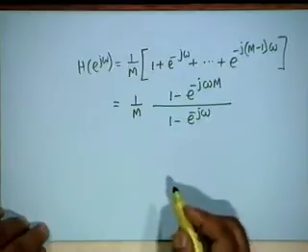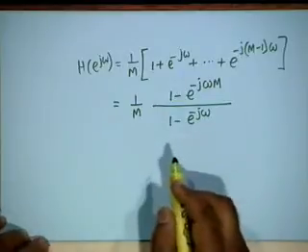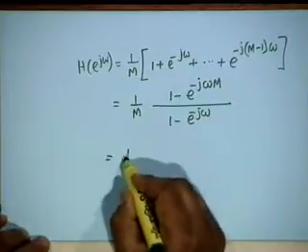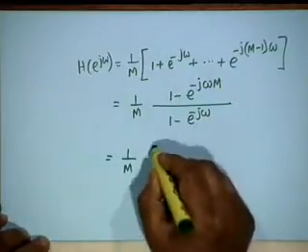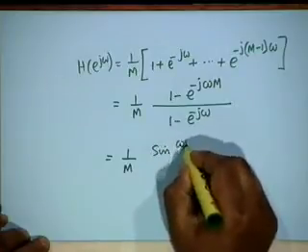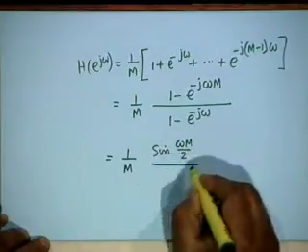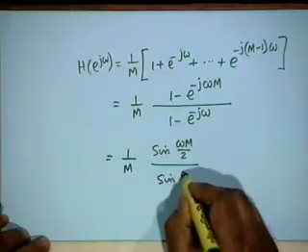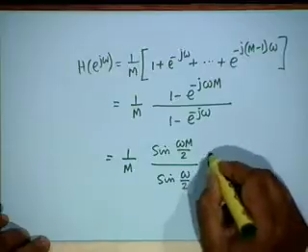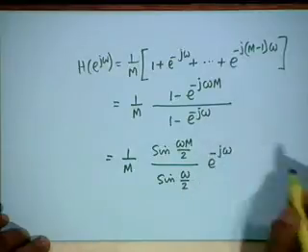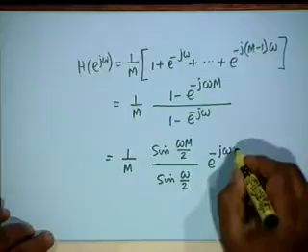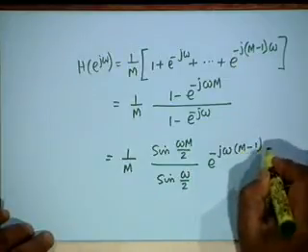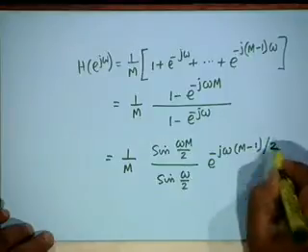And you know that this can be written in terms of sines, as 1 over M, sine of omega M by 2 divided by sine of omega by 2, then e to the power minus j omega M minus 1 divided by 2.